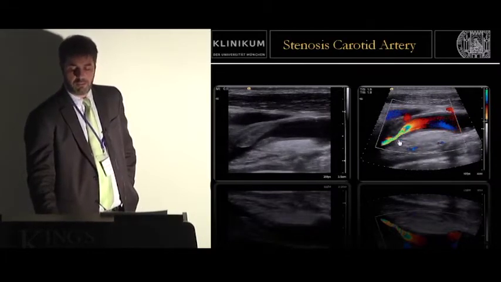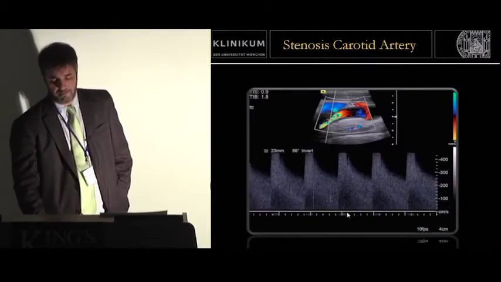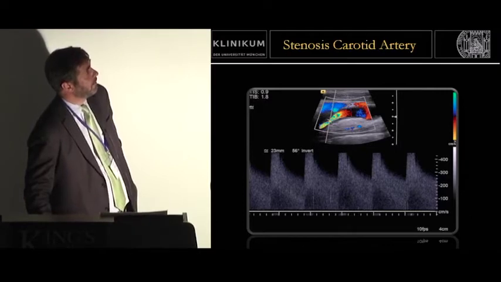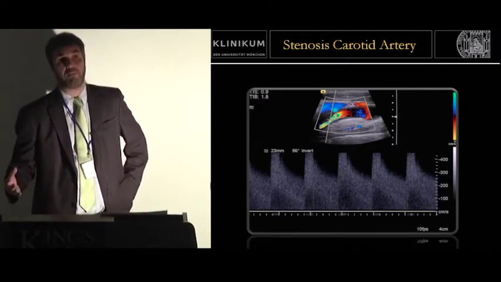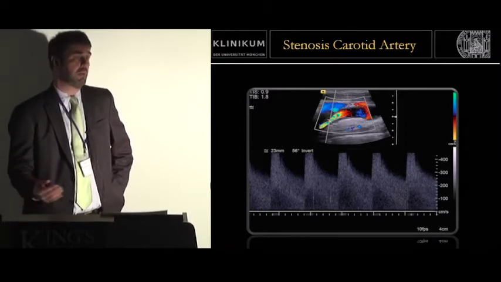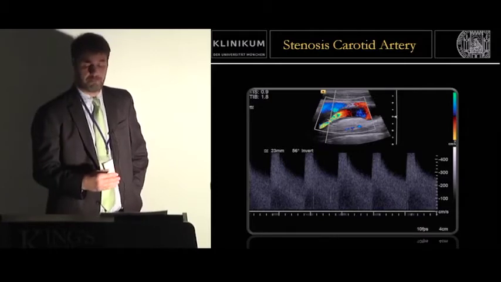We have already seen by using the color Doppler that there is a high velocity inside. And if we measure inside, we get a velocity of nearly 5 meters per second. This means over 90%. So everybody confirms this is a high degree of stenosis which should be treated.